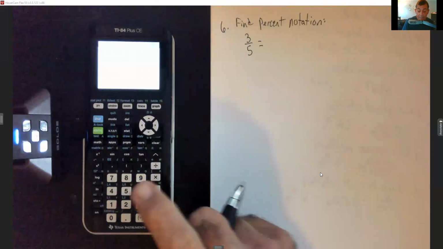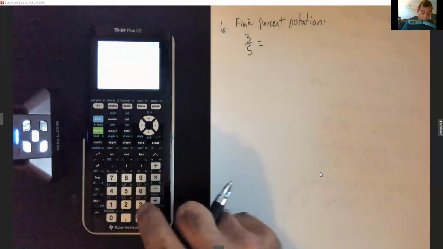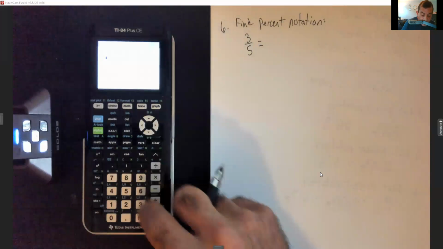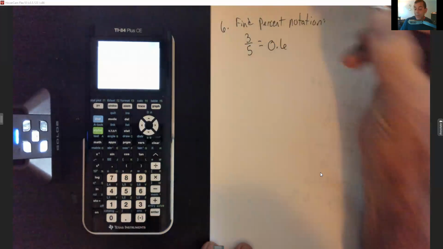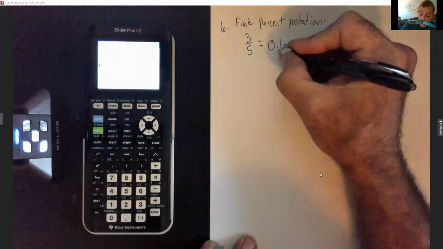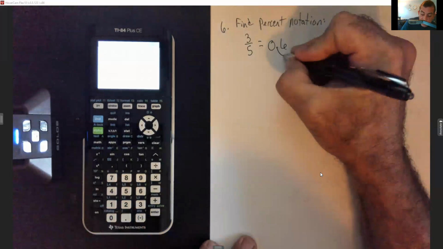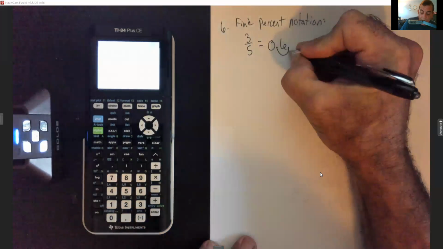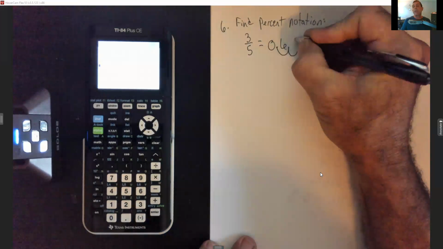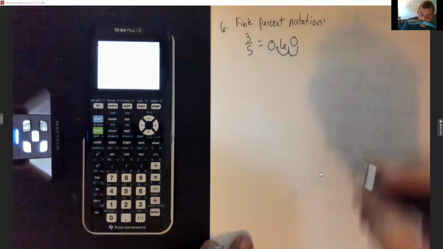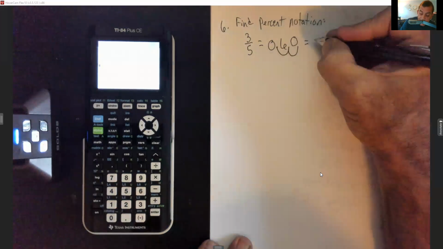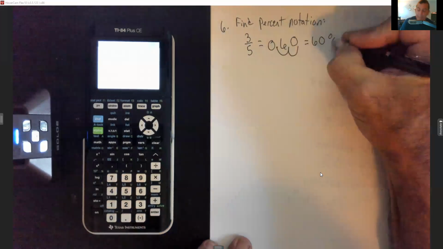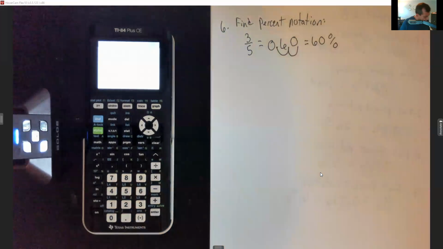So let me turn my 3/5 into a decimal. So 3 divided by 5, enter. I get 0.6. So remember, I got to move this right twice to turn it into a percent, which means on this one, I have to add a 0 as a placeholder. So that 0.60 becomes 60, and then add our percent, okay?